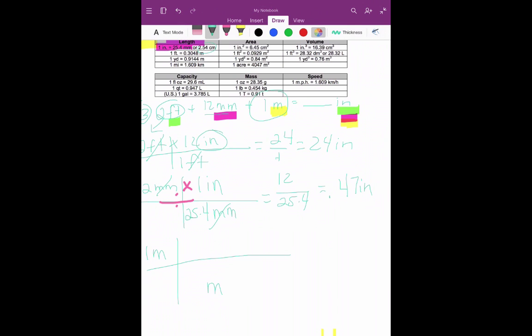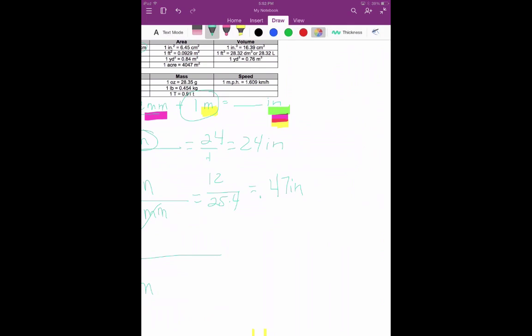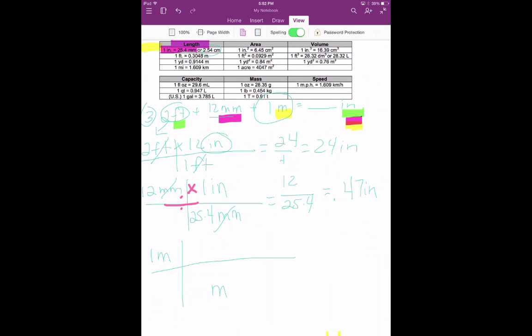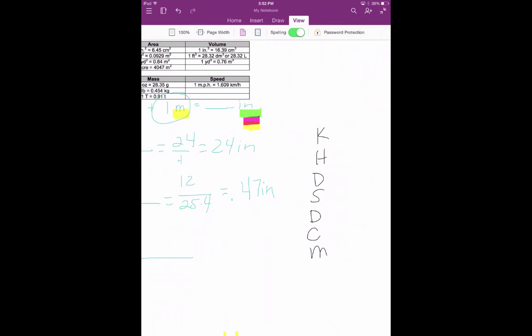If we go to our conversion thing over here, King Henry died Sunday drinking chocolate milk. We want to get from meters to centimeters. So 1 centimeter equals 0.01 meters.